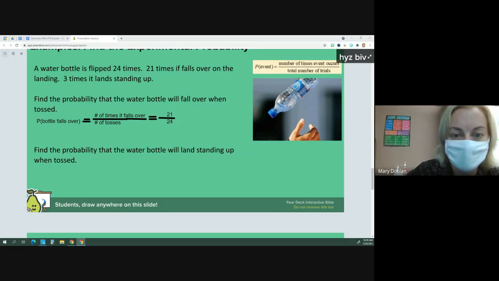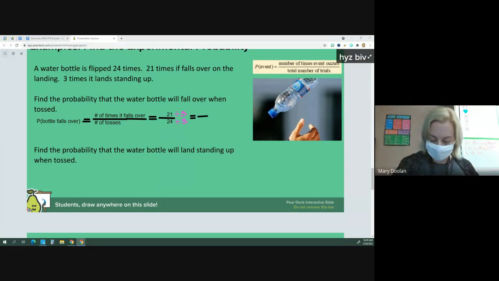So I can divide 3 out of the numerator and the denominator, and get a simplified fraction of 7 over 8.